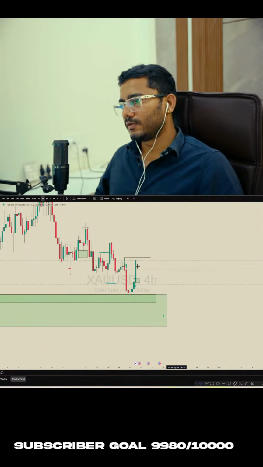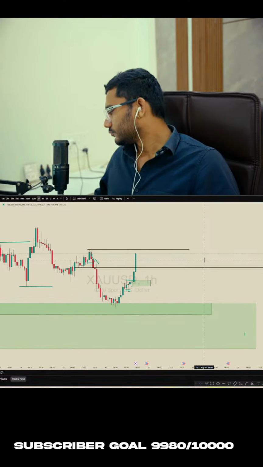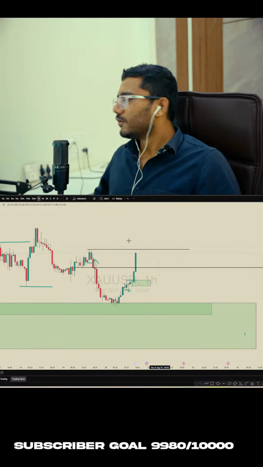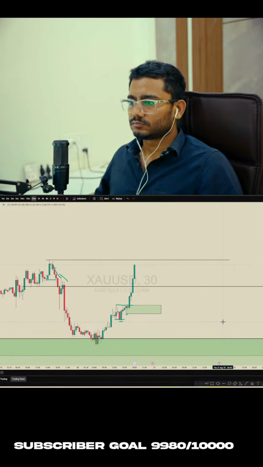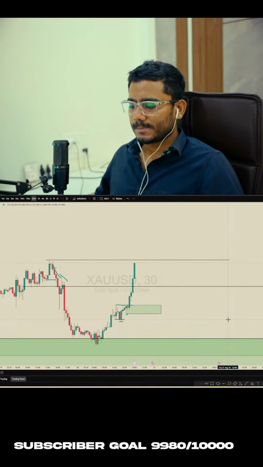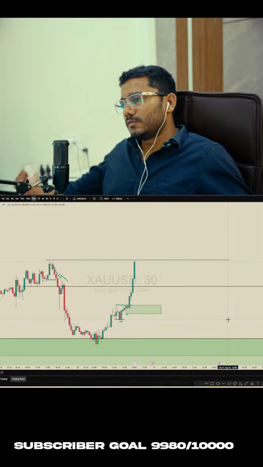So it should continue the upside. Almost, price has broken the structure.